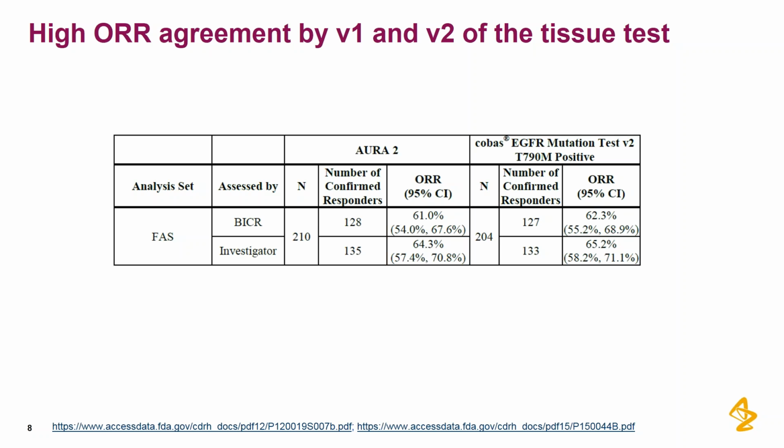Of the 210 patients recruited into the study who received at least one dose of drug, those who were T79M positive under version 1, 128 were defined as a responder, so a 61% response rate. Repeating that analysis for patients who were T79M positive under version 2, we had 204 subjects, and we achieved a response rate of just over 62%.